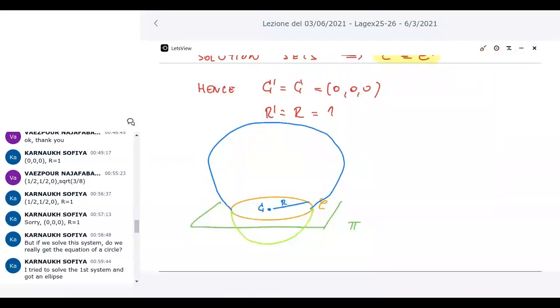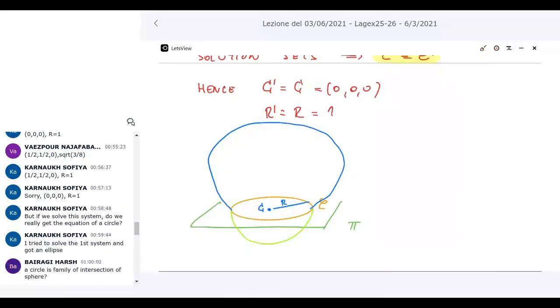Sophia says, if we solve the system, do we really get the equation of a circle? Well, Sophia, that's not clear to me what you mean, because there is no one equation of a circle in 3D. A circle in 3D can be defined by one parametric equation, which we did not consider yet, but it is defined by two Cartesian equations.